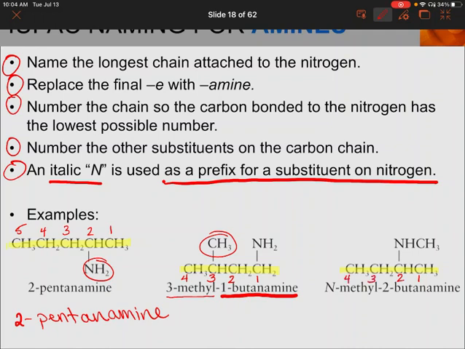Also, another difference here is that we have a methyl group that's bonded to nitrogen. So we're going to list that methyl group as N-methyl to tell people that the methyl group is not on the carbon chain. It's actually attached to the nitrogen. And then we'll end it with 2-butanamine to tell everyone that the nitrogen is attached to the second carbon on our 4-carbon chain.